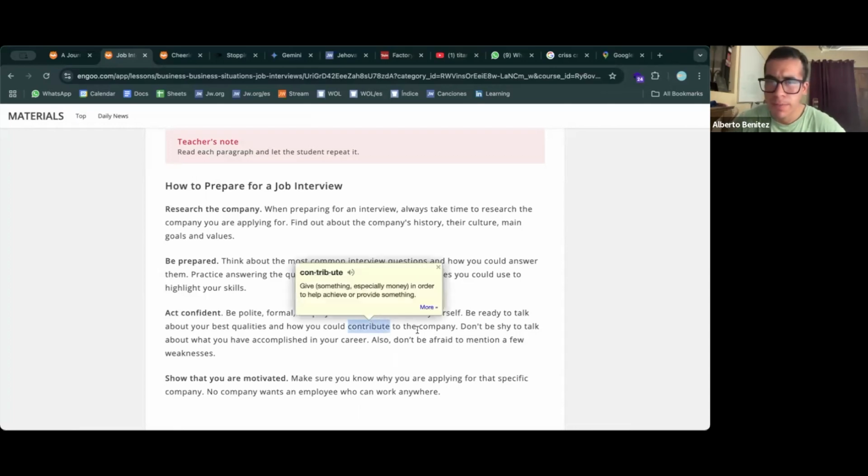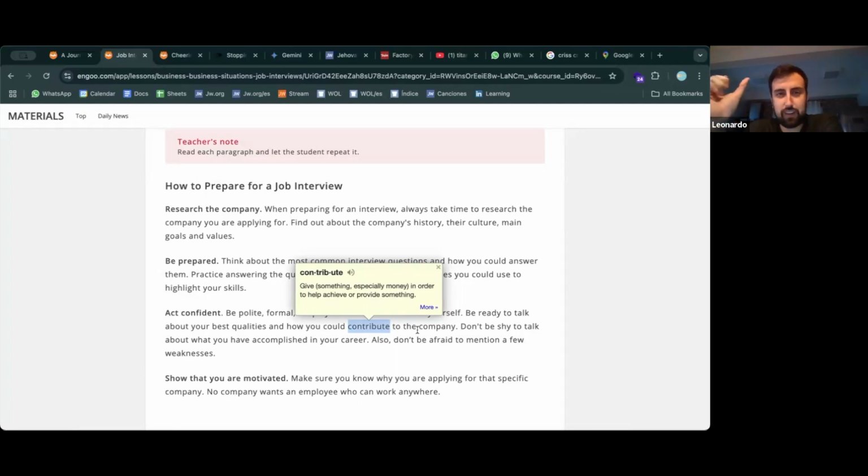Now this one right here, could you read this one? Contribute. Okay, so this would be contribute. The last syllable is ute. It's almost as if you're saying the word you with a T at the end.